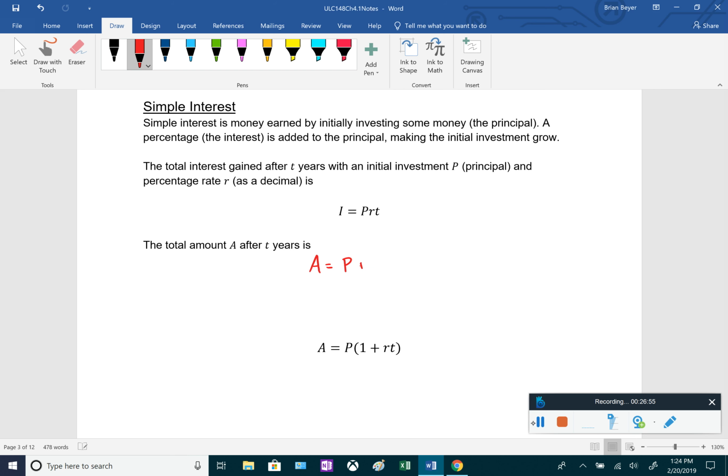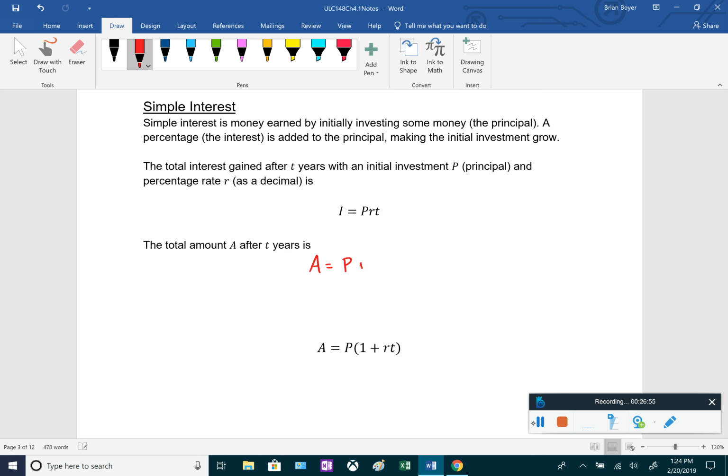The R is going to be the interest rate or the percentage rate compounded once per year. And once again, you have to make sure that that's in decimal form. I'll make a note of that. Decimal form, and then T is in years.